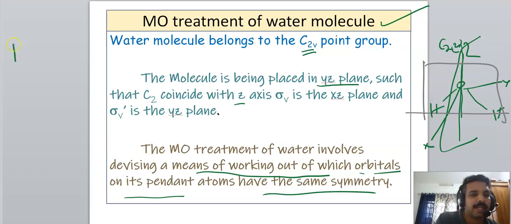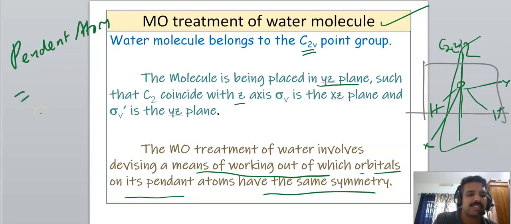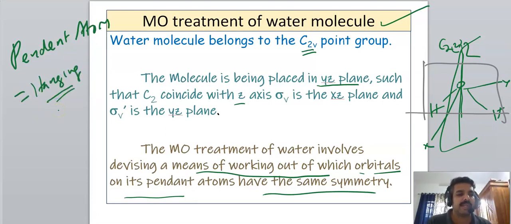What do you mean by a pendant atom? Pendant actually means hanging. Pendant atom means the atoms attached to the central atom. In the case of the water molecule, these hydrogens are the pendant atoms.